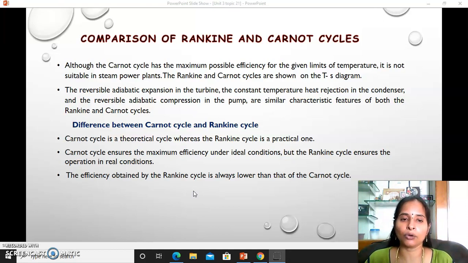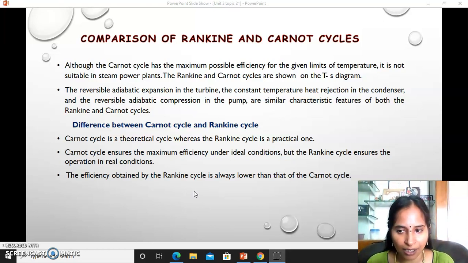Of course you know very well that every cycle will have cooling, heating, expansion, and compression. So the reversible adiabatic expansion, the constant temperature heat rejection in the condenser, and the reversible adiabatic compression in the pump are very similar in both the Rankine and Carnot cycles, but there is a difference in heat supply where they differ from each other.